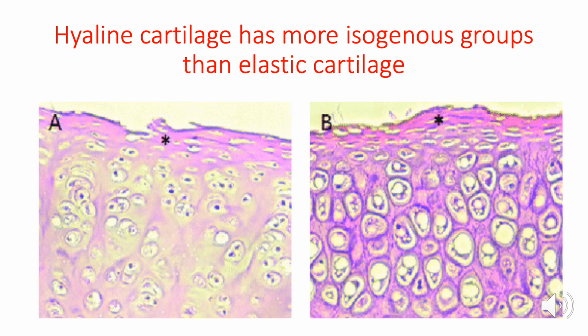If hyaline and elastic cartilages have perichondrium, what would be our basis in identifying which is which? So take a look at the pictures of hyaline cartilage and elastic cartilage on the screen. Letter A is hyaline cartilage, letter B is elastic cartilage, both of which have perichondrium.